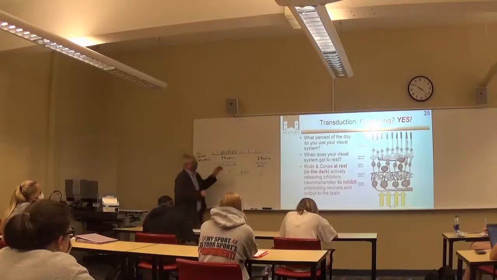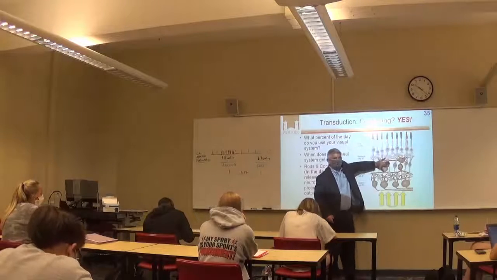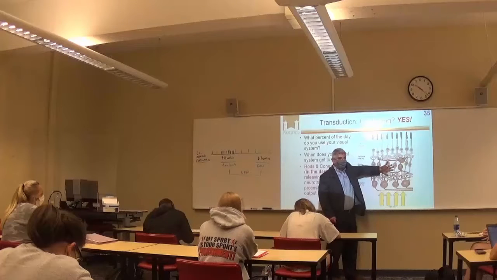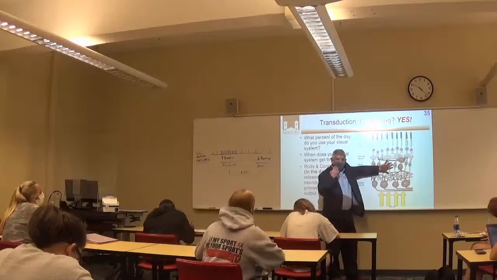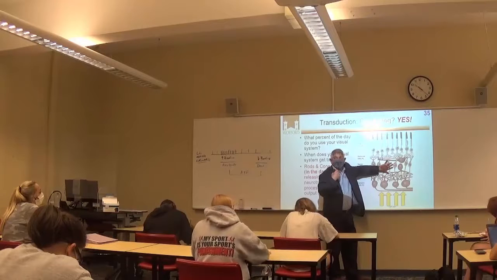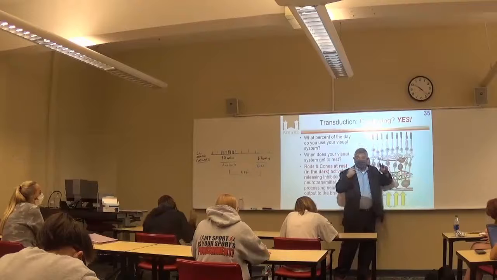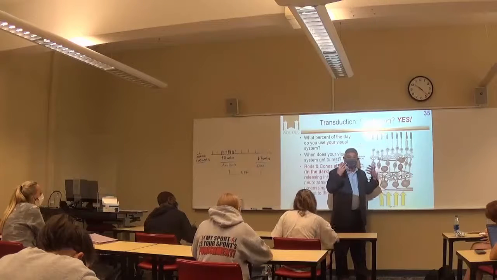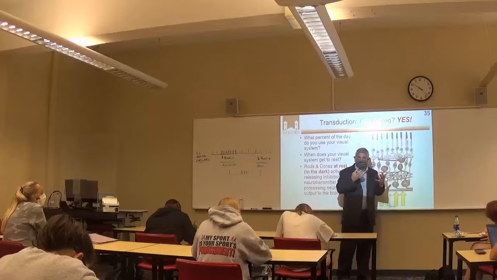So these rods and cones are actually releasing inhibitory neurotransmitter, and in the dark, they're releasing that inhibitory neurotransmitter to block signals from going to your brain because there's no light, because you're in the dark, right? And releasing all that neurotransmitter uses a lot of energy. So we only have to do that for a third of the day when our eyes are closed.